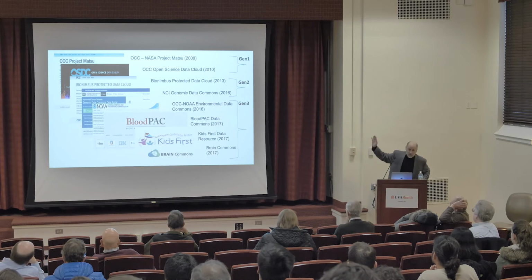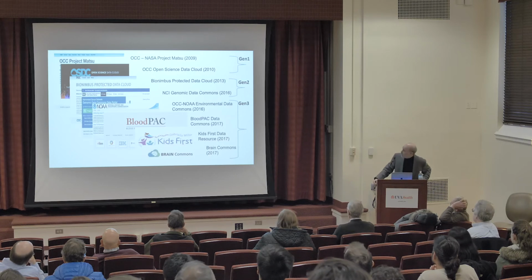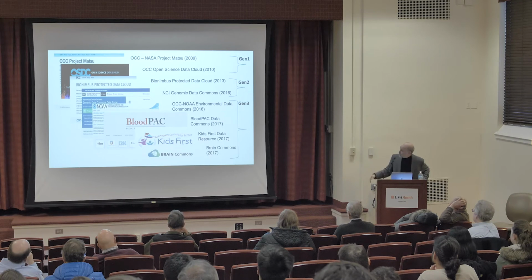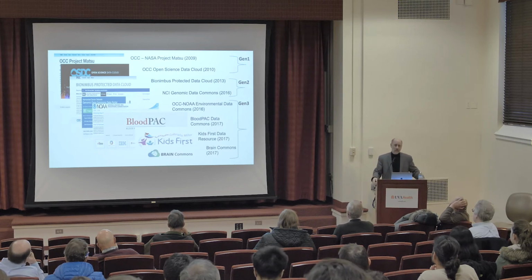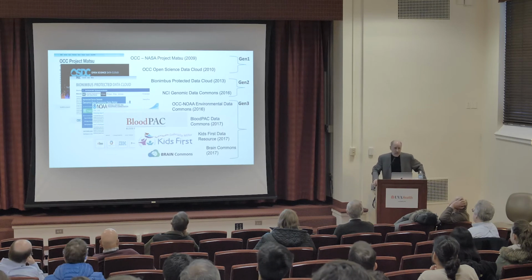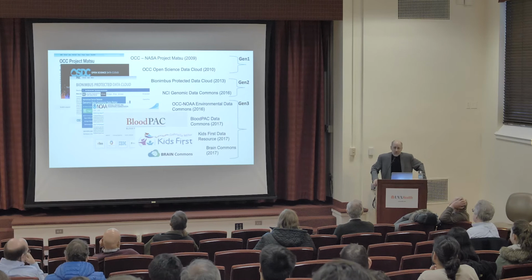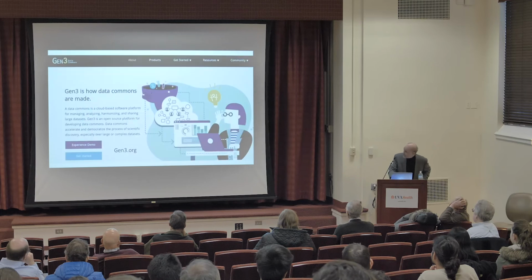We built general platforms in 2008 to 2010 for general science and environmental science. We built a next generation system, the Gen 2, basically for cancer data. And so we asked the question, how can we make it easier for other communities? This was our third time, so we called it Gen 3. And then we gave ourselves 6 months to think of a better name, and we just have to live with the name.